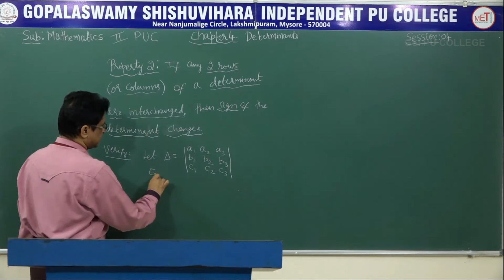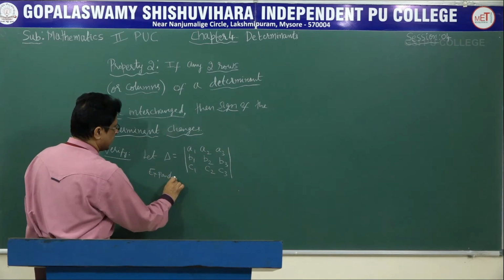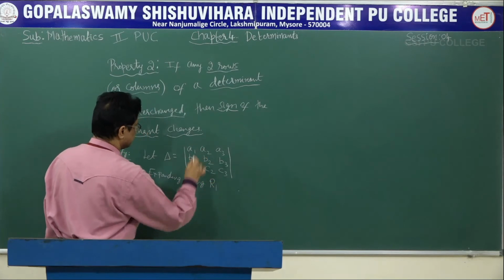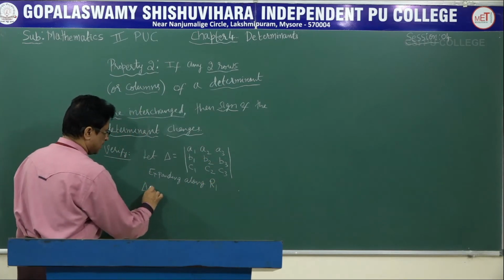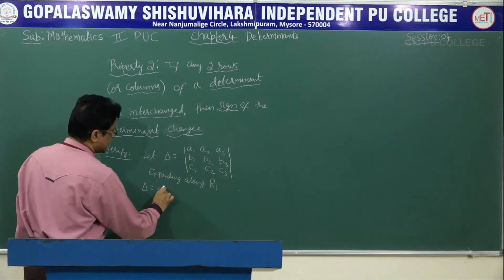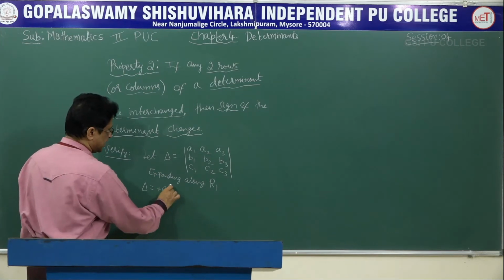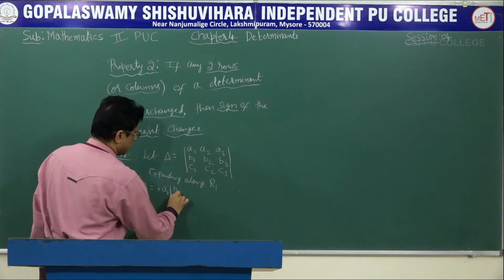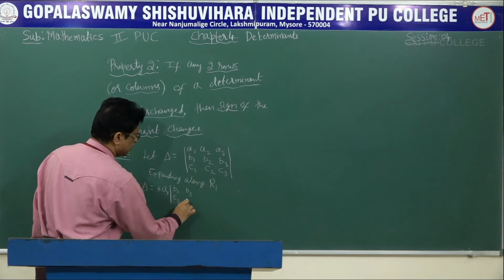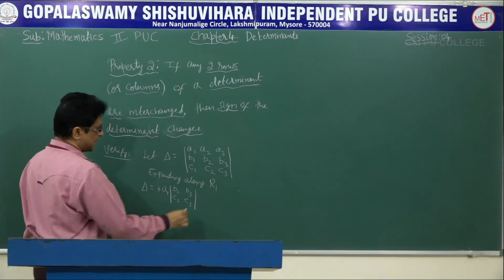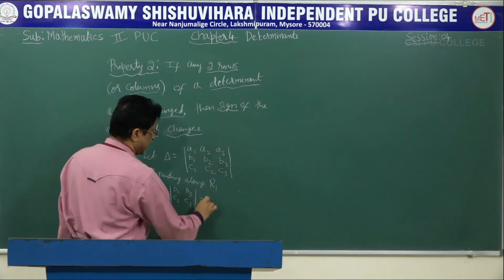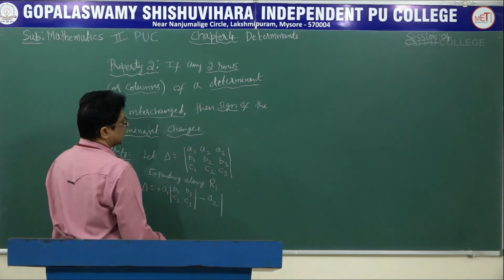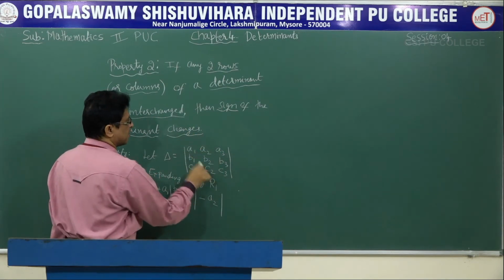So expanding along R1, delta equals, first I will write plus A1 into the determinant of B2, B3, C2, C3. Next I will write minus A2. A2 lies in the first row, second column.